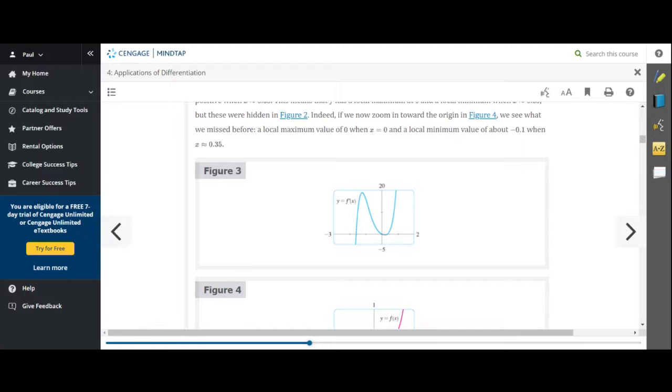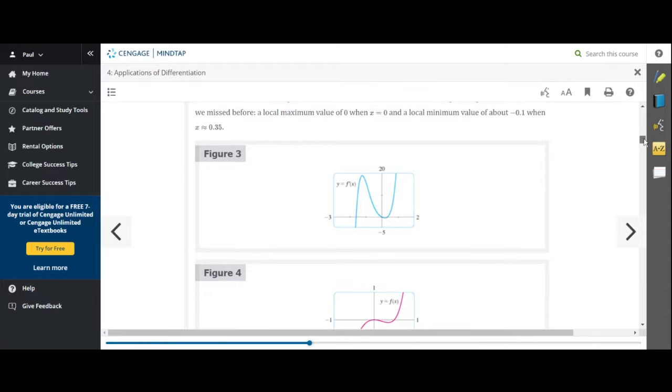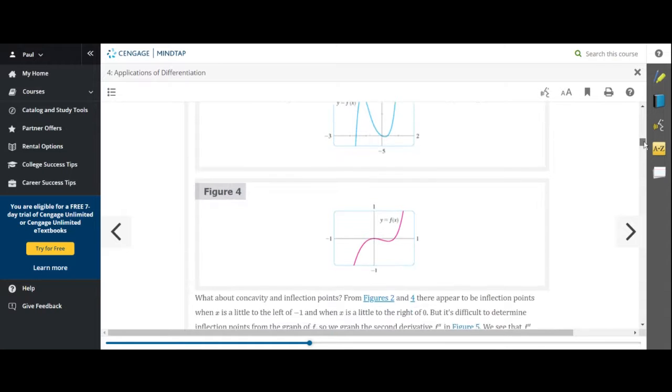In other words, the function's decreasing when the derivative function is negative, and then the function's increasing when the derivative function's positive. So going from decreasing to increasing, you have a local minimum. So based on the derivative function, you're ascertaining where the function is increasing and decreasing.